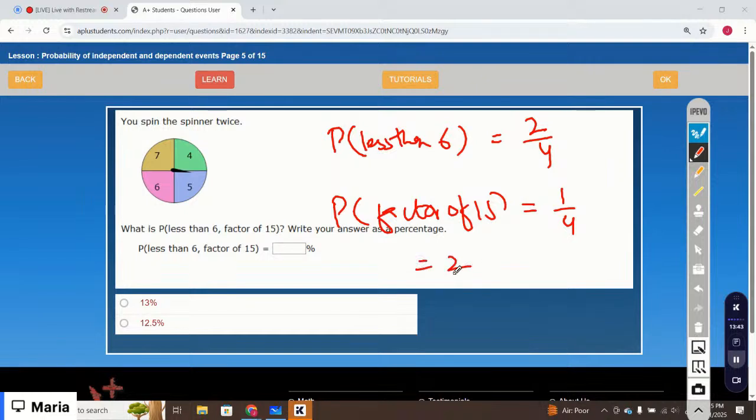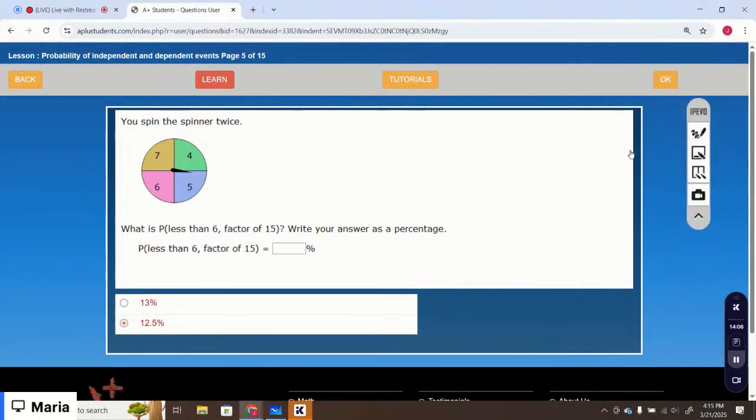So you have to do 2 by 4 times 1 by 4, that is 2 over 16, that equals 1 over 8. Converting into percentage form, 1 divided by 8 times 100 equals 12.5%. Option number 2 is the correct option, that is 12.5%.